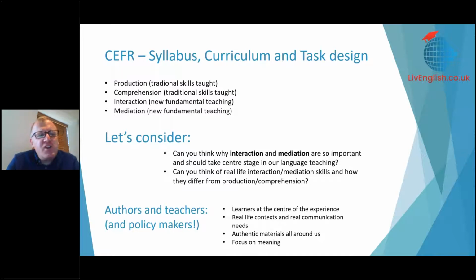But by mediation, we're actually talking about being able to understand the message from one source and then mediating it in our own words and our own understanding and conveying it to someone else, whether on a face-to-face level or in written form or online written form, and so on. So quite a sophisticated range of skills required in mediation.